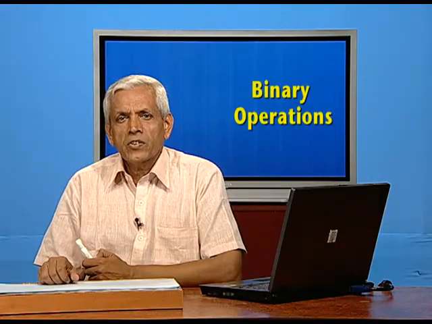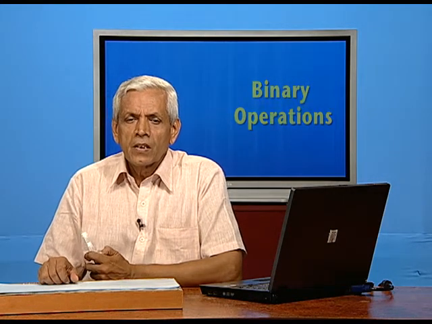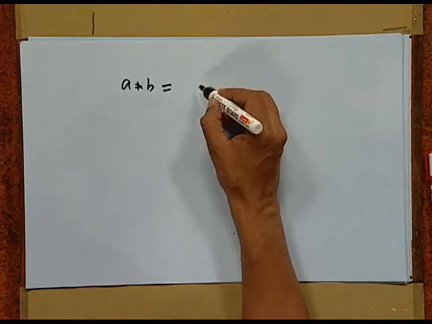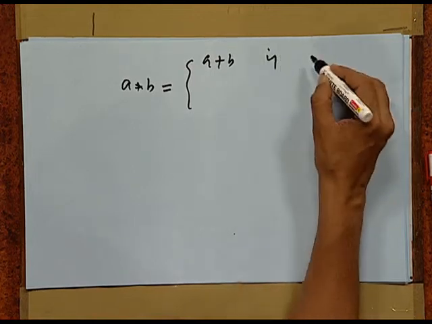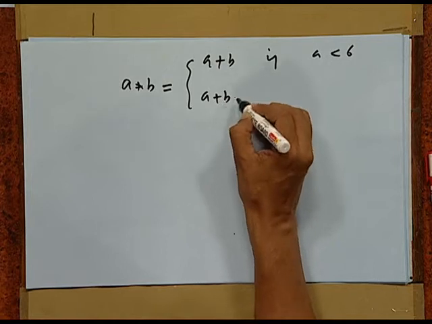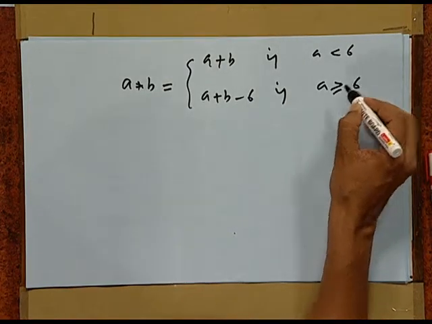Our next task is to find the inverse of a when a is non-zero. Suppose inverse of a is b. We have a star b is equal to a plus b if a plus b is less than 6 and a plus b minus 6 if a plus b is more than or equal to 6.